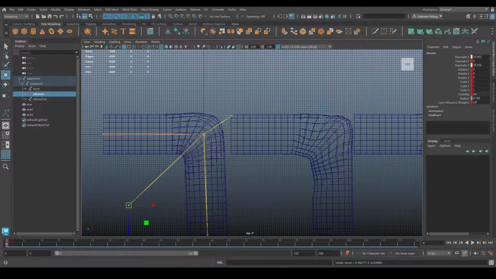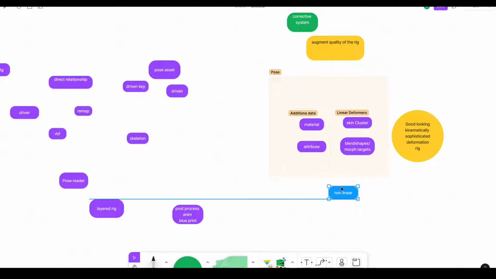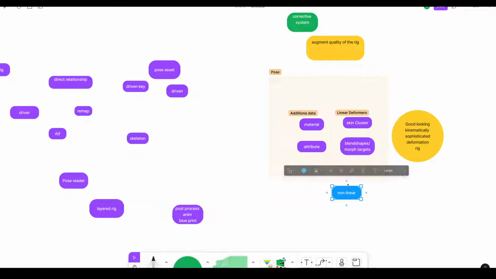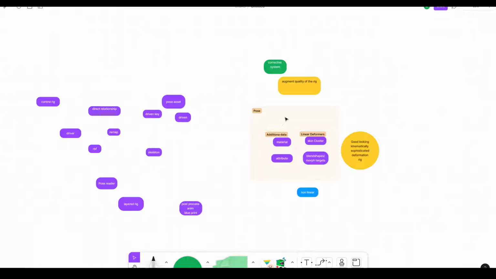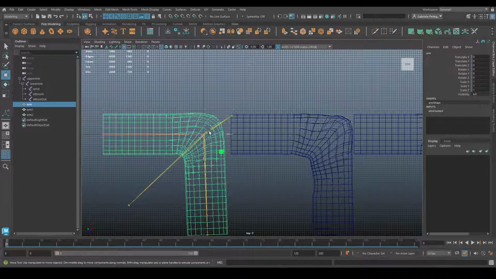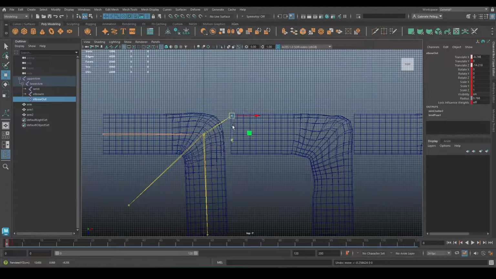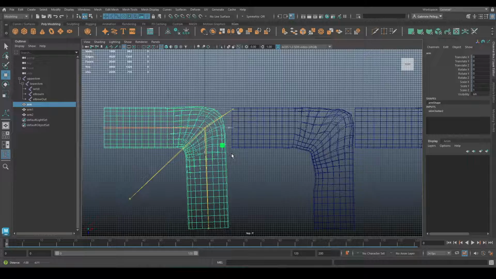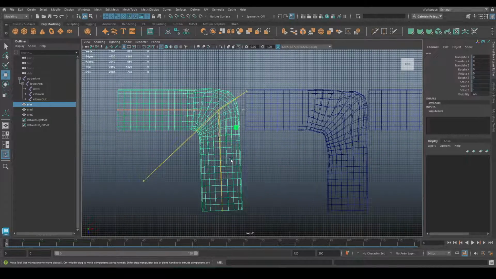Okay, so this is where I wanted to go a little bit into detail about why combining these two things is good. Okay, so we said we want to implement a pose, and each pose is basically a combination of materials, joints in positions, or blend shapes. Basically, the pose makes the mesh look like this.